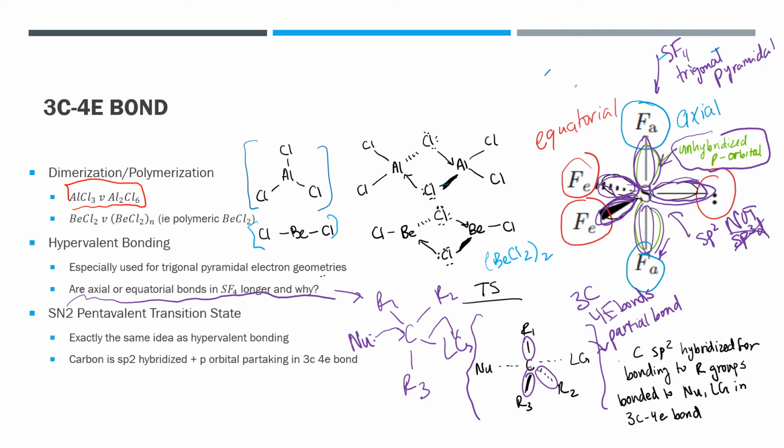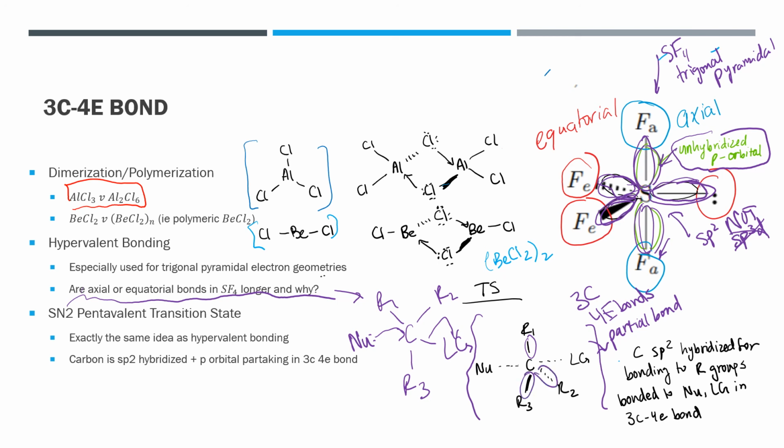So explaining this transition state with sp3d hybridization would just be plain wrong, right? Because carbon does not have a low energy d orbital to access. So, right, we need to think about this in terms of only s and p orbitals. And that's where this idea of the 3 center 4 electron bonding comes in.